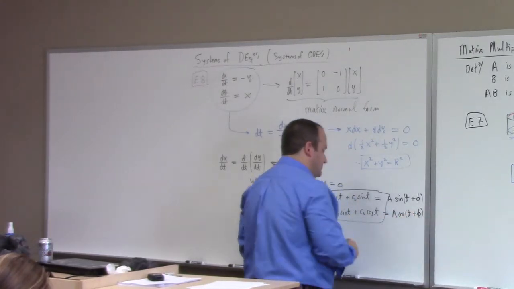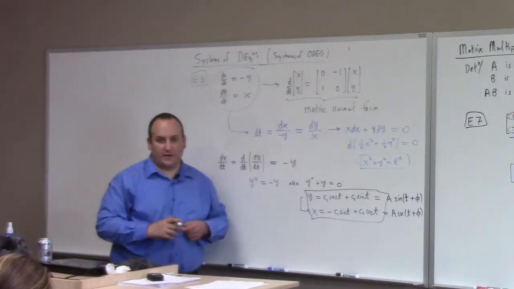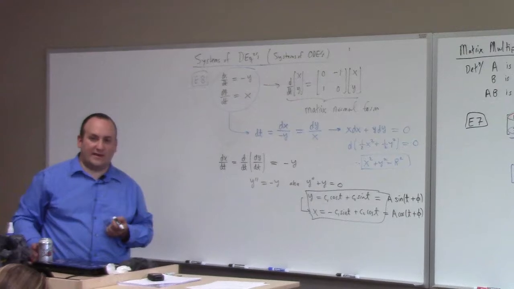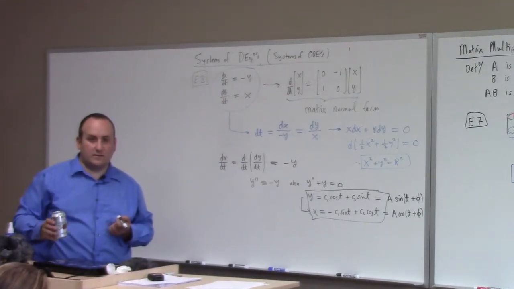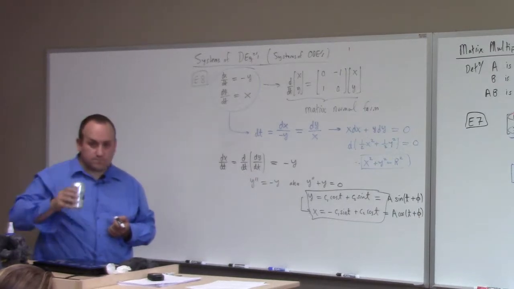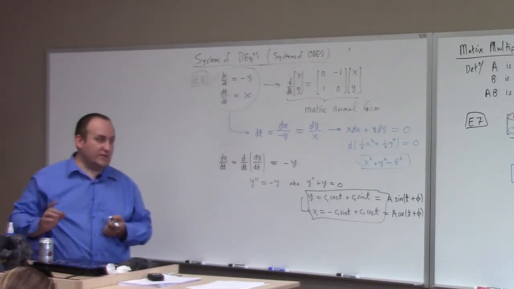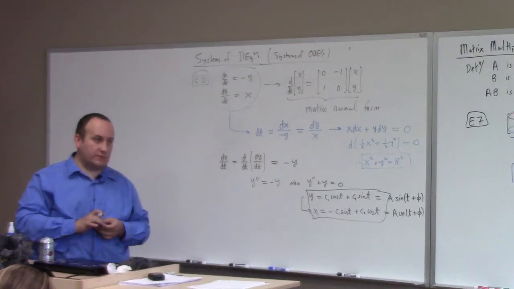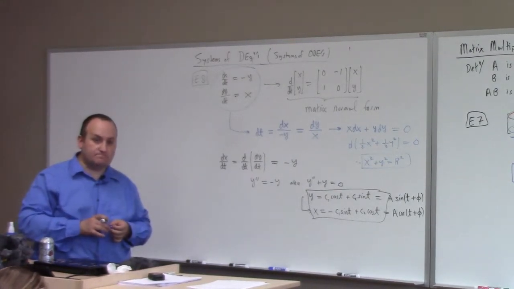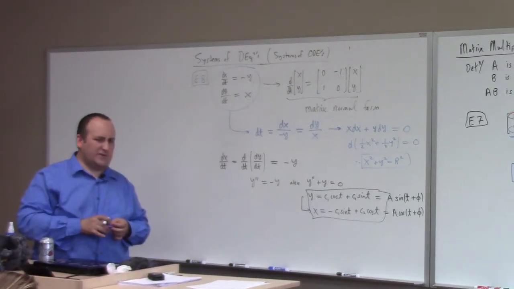And then it would become quite obvious that the solution has radius a, and it's a counterclockwise oriented circle. There's some choice of c1 and c2 which will rewrite the solution as a times sine plus a phase angle. I'm pretty sure.